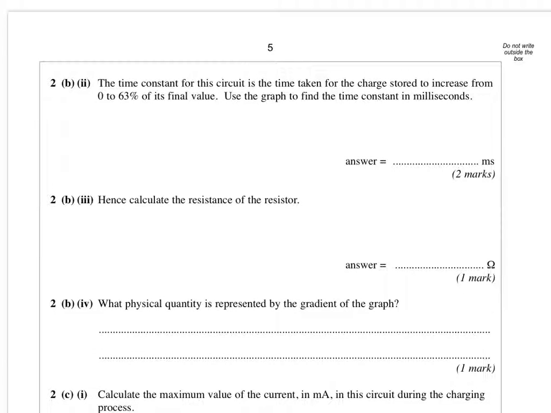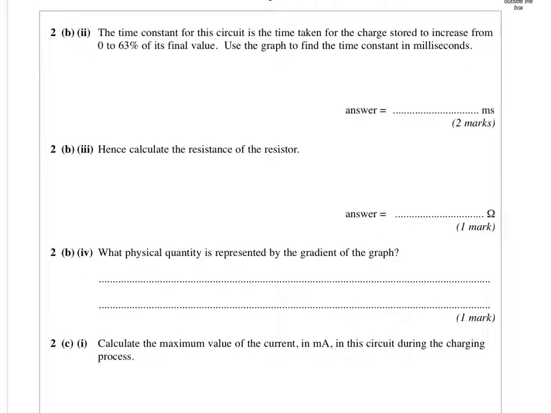So the time constant of the circuit is the time for the charge to increase from 0 to 63% of its final value. Use the graph to find the time constant in milliseconds. So let's look at the graph.